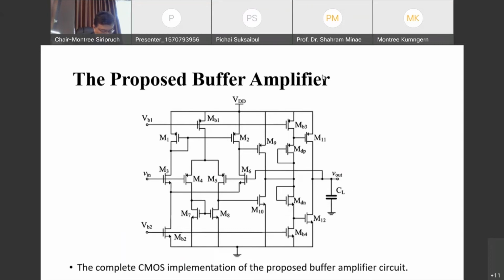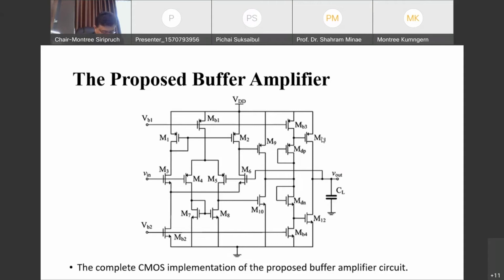Now, if M11 is on and M12 is off, the current will flow from VDD through M11 like this through CL. So CL will be charged. It will be charged to VDD.